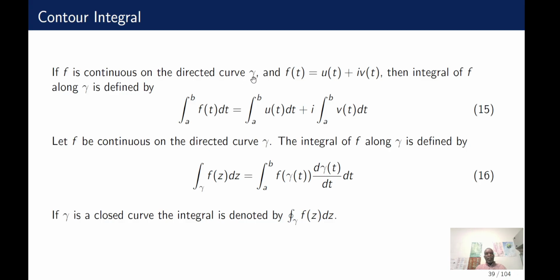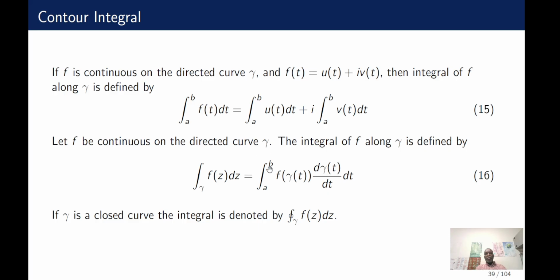If you have a directed curve, you express your function in terms of the parameter t, and it will be a real part plus an imaginary part. Then the integration of this with respect to t is just the integral of the real part plus the integral of the imaginary part. If this is continuous, then the integral along your given path is given by f of gamma(t) times d gamma dt.